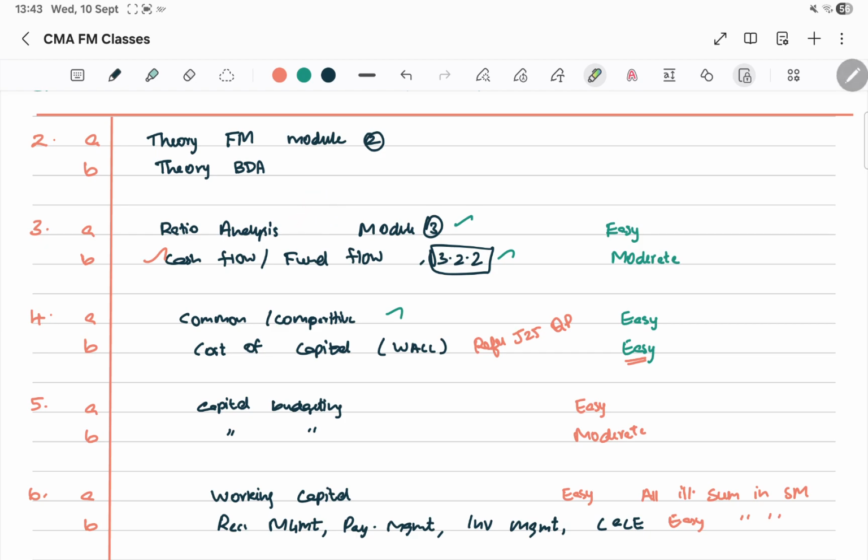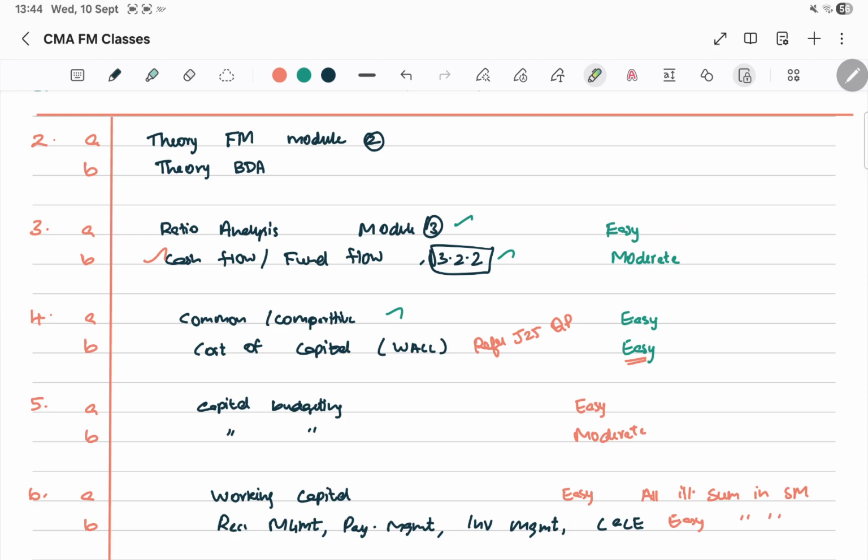But make sure you study the whole chapter of ratio analysis, including all formulas. The formulas are lengthy, but memorize all of them for easy 7 mark scoring. It is generally very easy.